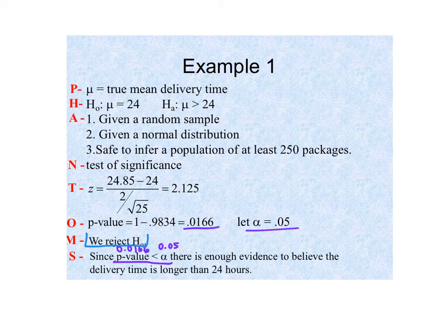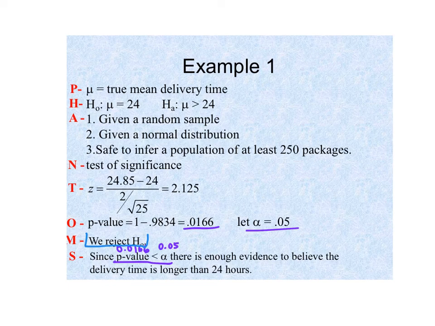Meaning that the 24.85 that they got was very rare. It was very rare that they got a delivery time that was longer than 24 hours. So if it's very rare, that means that 24 hours is not the average. The average is probably closer to 25 hours.